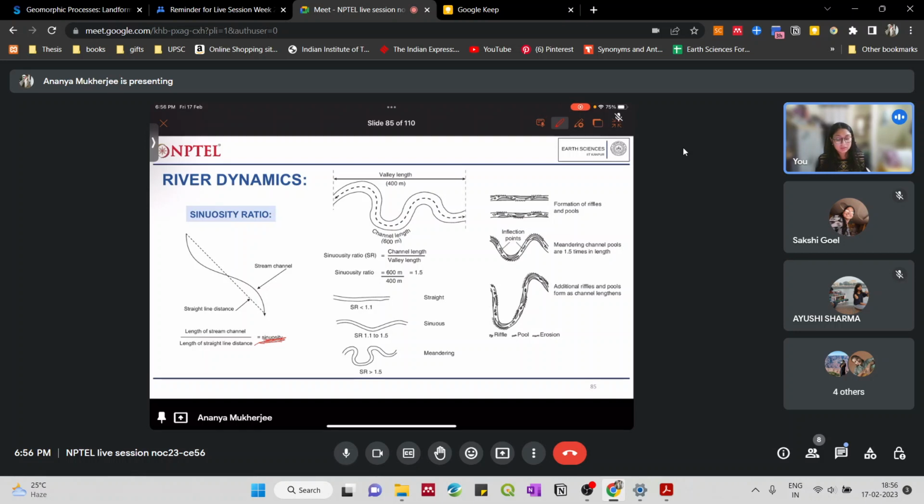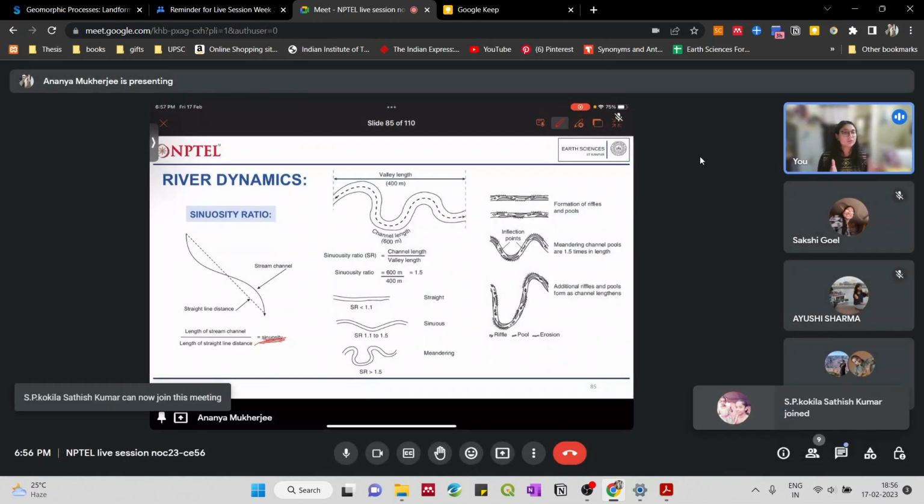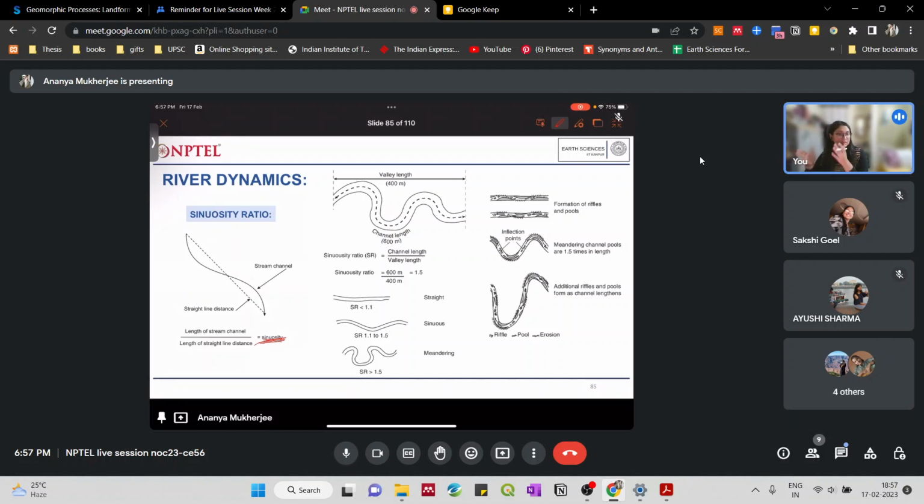Now when we consider the ratio, why is the ratio important for us? Even within one river valley, if you consider say 5 kilometer stretches of the river channel that is flowing within one valley, you will see that after 5 kilometers the sinuous nature of the channel is also changing.